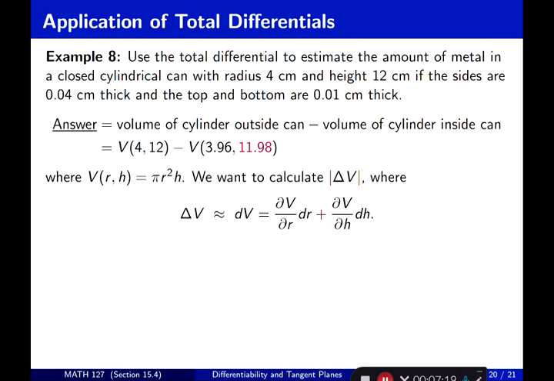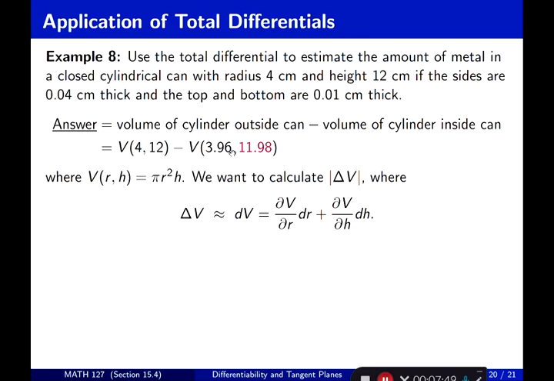dV we learned from the previous formula. It's partial of V with respect to R times dR plus partial of V with respect to H times dH. Again, this is a nice formula for your physics classes also. Now I have to find the partial of V with respect to R and the partial with respect to H, evaluated at the point that is easy to evaluate.